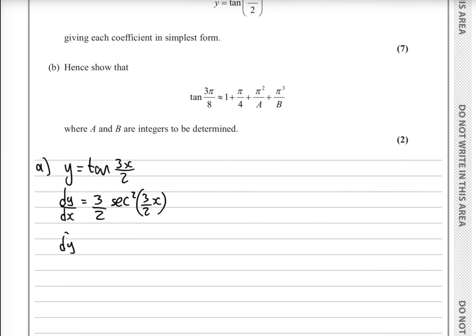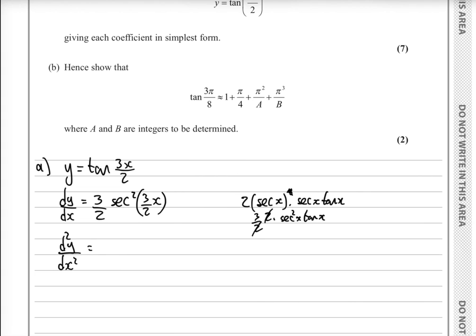So now we need to differentiate this again. And the derivative of secant squared, I can treat that as a bracket like this, and the power comes down, and then you multiply by the derivative of secant, which is secant tangent, and then they combine to give you secant squared again. So what you do effectively is bring a 2 in the front, put a tangent on, but then you also have to multiply by the derivative of the thing inside the brackets, which is the 3 over 2.